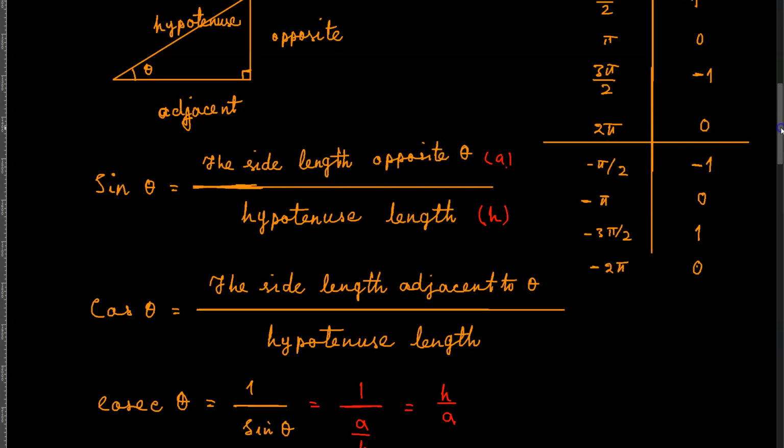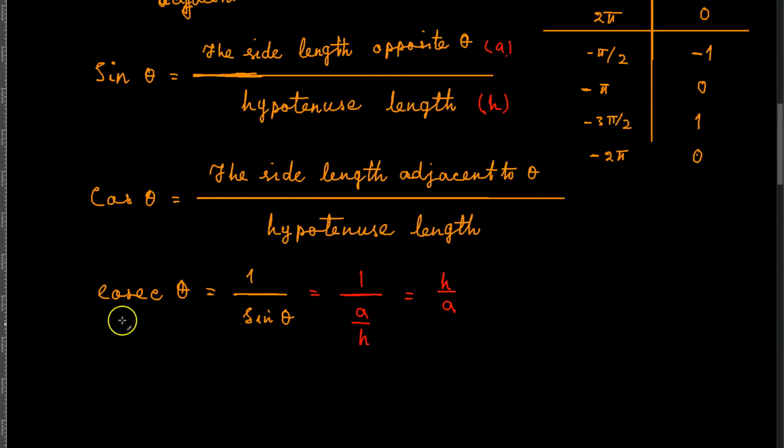right? So you don't have to learn anything new here. You just take the reciprocal of sine, and that becomes cosecant. We have also secant of theta, which is the reciprocal of cos theta, 1 divided by cos theta.